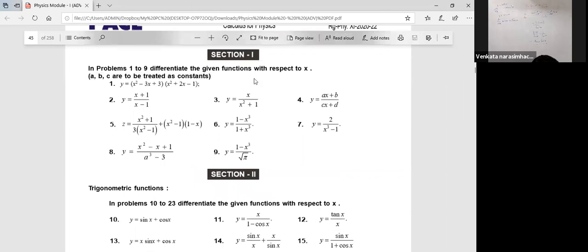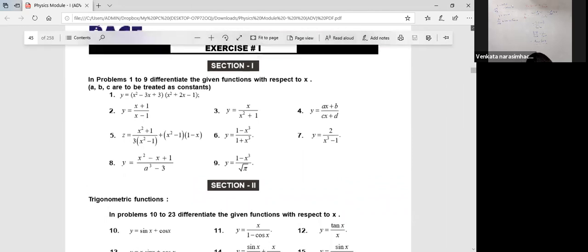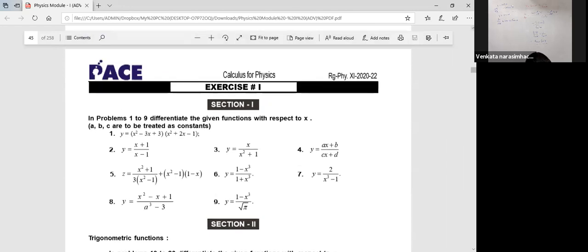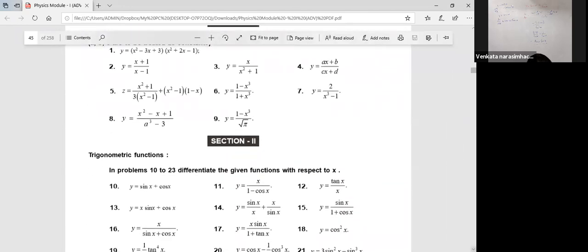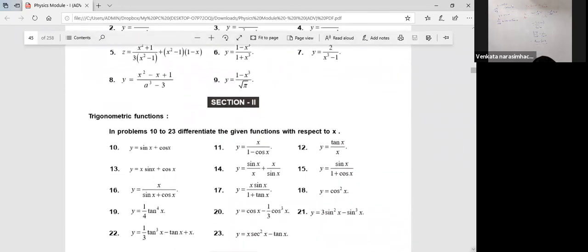Homework, calculus booklet, exercise 1, section 1 and section 2. Do you people see section 2? There are 23 problems, 10 to 23. And listen, in exercise 1, 8th question, this A is a constant.